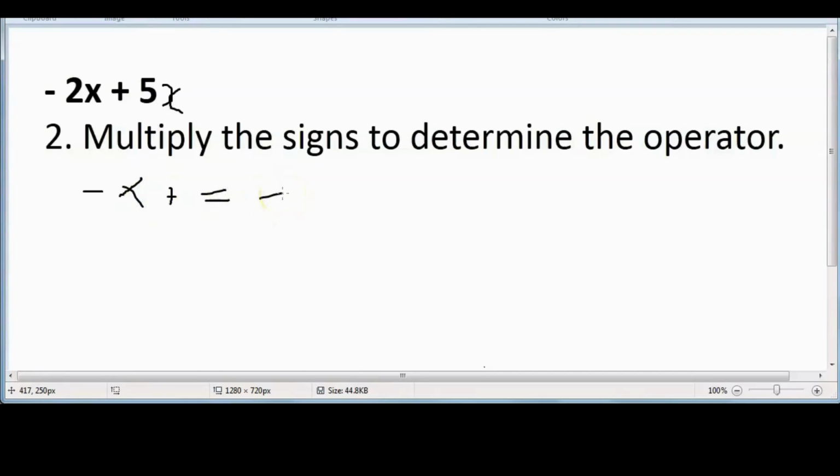In other words, the minus of the 2x multiplied by the plus of the 5x gives a minus. The operator is subtraction. That means we are going to perform a subtraction operation on 2x and 5x.